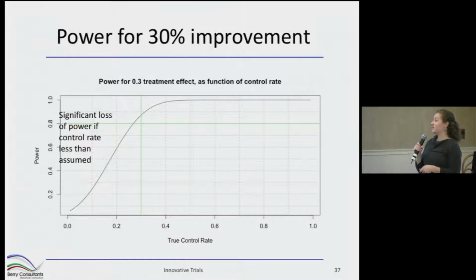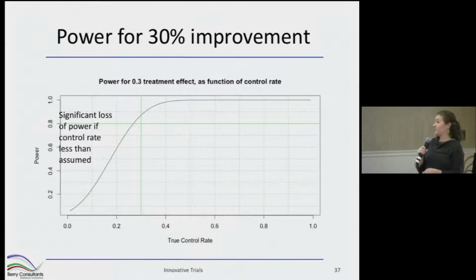So now on the y-axis, instead of type 1 error rate, we're looking at power. Again, if we looked at our 30% truth on the control rate, what we were seeing is 87% power. But as our true control rate starts to go down, and we still assume a 30% improvement, our power is now less than what we had assumed.